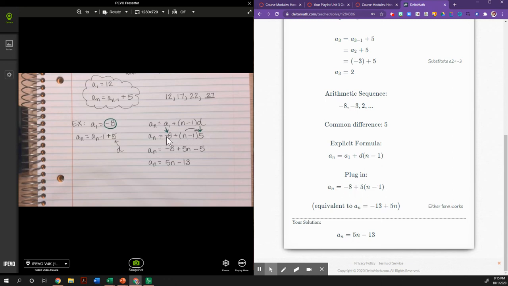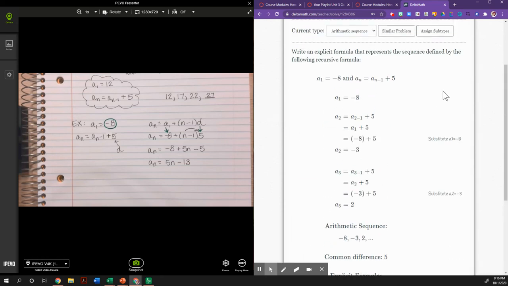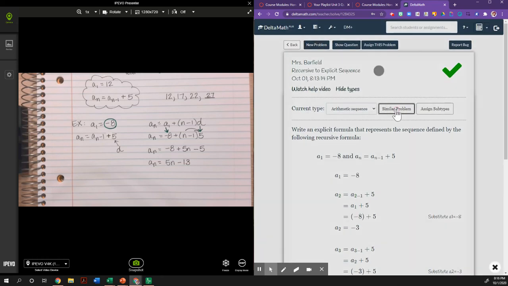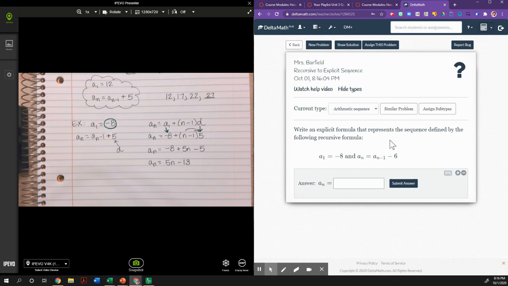So let's do another example and see if that works as well. I need to write an explicit formula that represents the sequence defined by the following recursive formula. I know that a sub n equals a sub 1 plus, now in Delta Math, they put the d in front of n minus 1.